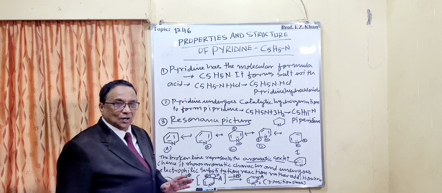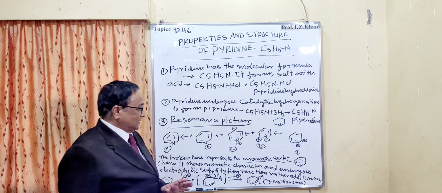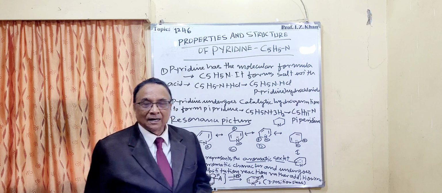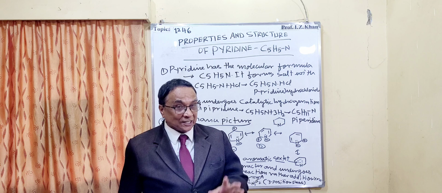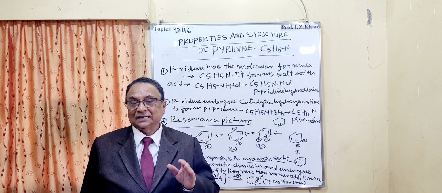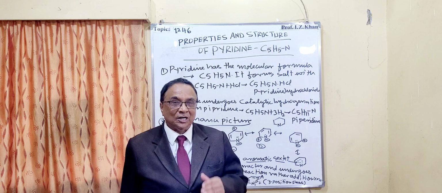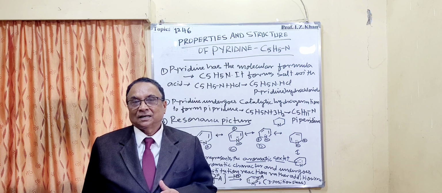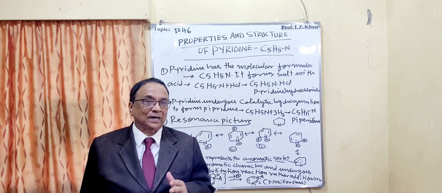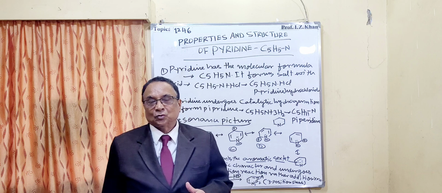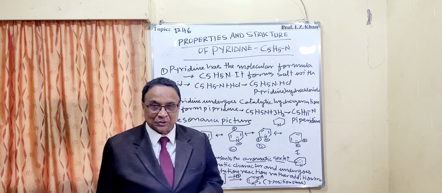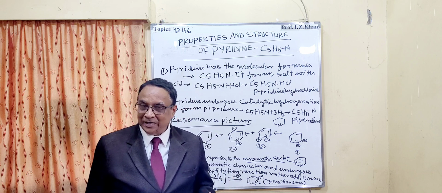At 3 position or at 5 position, the electrophile is substituted because these positions give stabilized carbonium ion resonance structures. That's why it will not undergo 2-substitution or 4-substitution rather than 3 and 5 substitution.